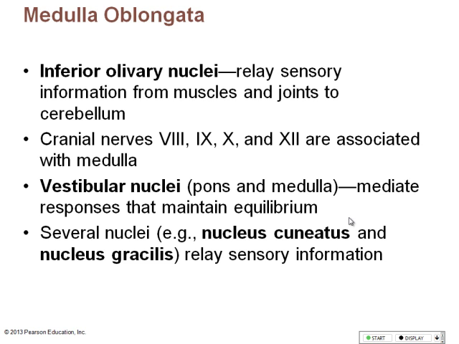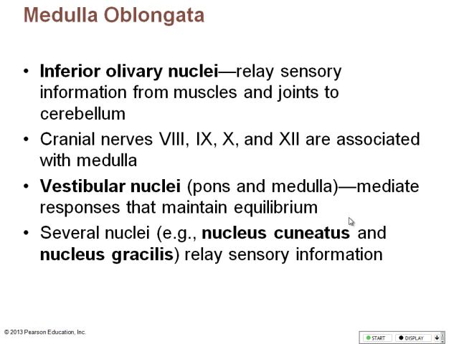Remember my discussion last class kind of boggled a few of your minds when I talked about all that was involved in me just walking across the stage. So all of that coordination has to be sent through relay stations in higher brain regions. The medulla oblongata is going to help channel that information through the cerebellum. We also have connections to cranial nerve 8, 9, 10, 12.